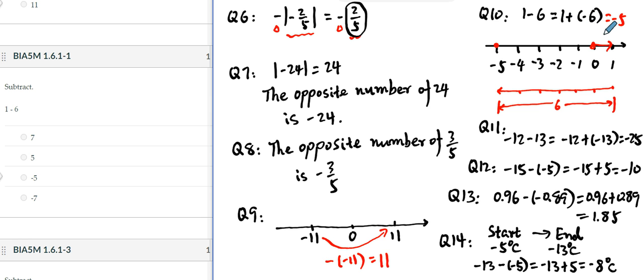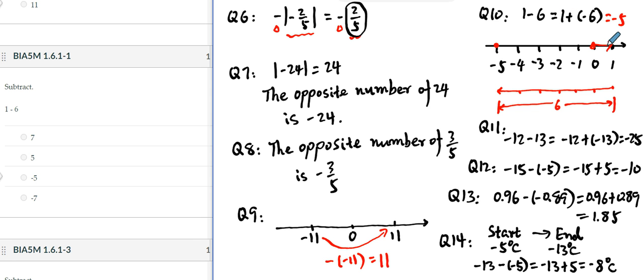Negative number is 6, so you start from here, go back to the left direction 6 units. Previously, your number is here, then you go back 1, here, 2, 3, 4, 5, 6. 6 units back, so you then get negative 5, because you're starting from 1.